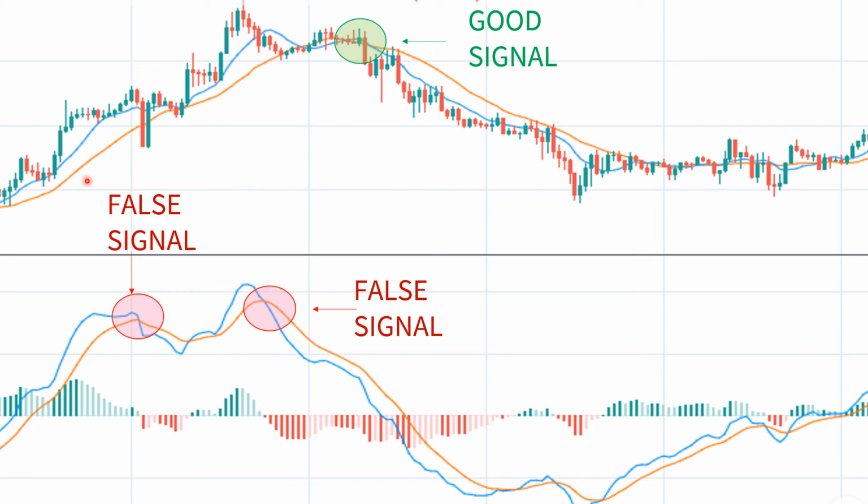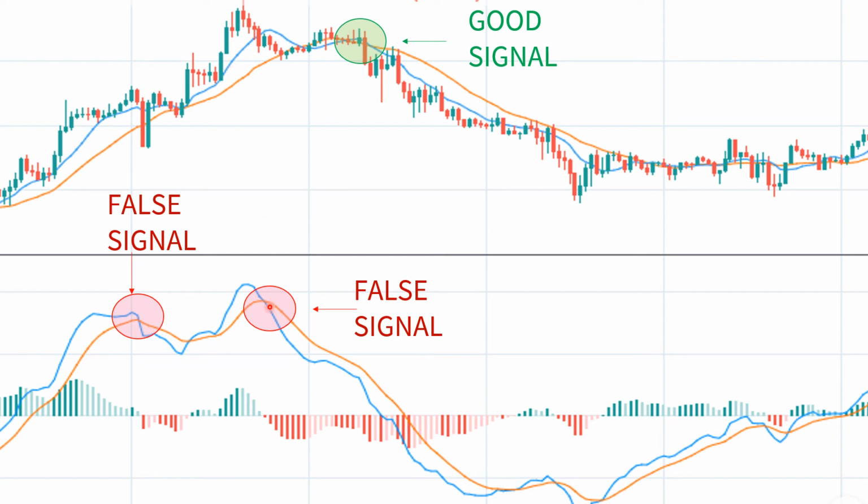Well, we have the MACD indicator down below, and as you can see, the MACD line crosses the signal line. This would normally indicate a sell, but if we look at the moving averages, we can see that there's no crossover. So we would think to ourselves, this is a false signal. And were we correct? Yes, as price continued to go higher.